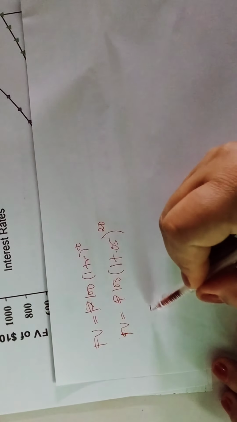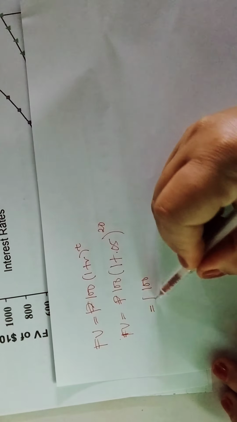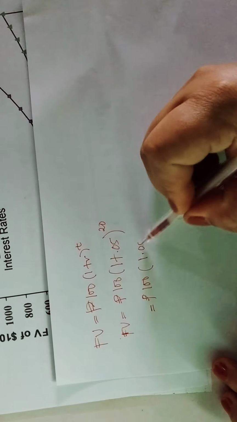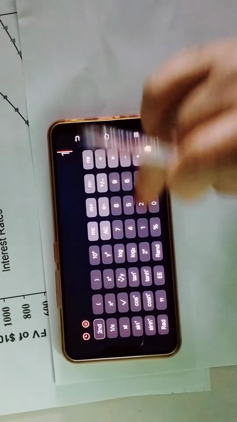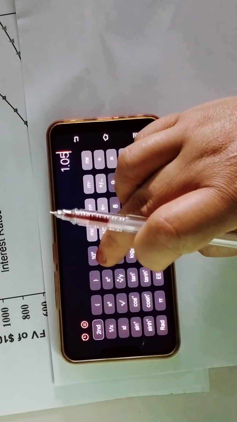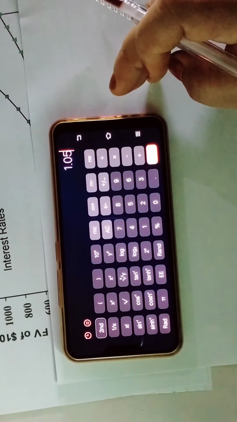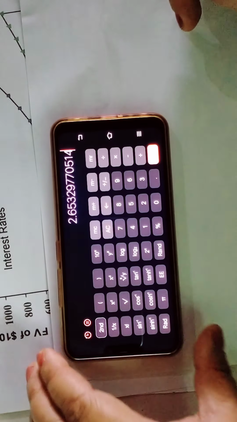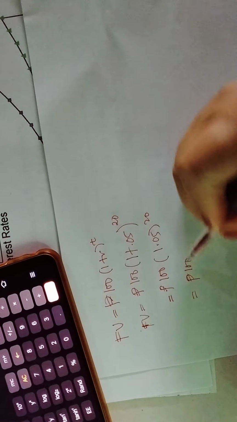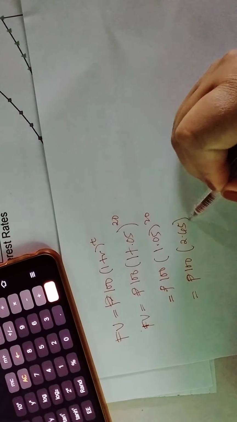Okay? So, is equal to 100 times 1.05 to the power of 20. You should have a calculator on your cellphone, Android. So, let's solve 1.05 to the power of 20 is equal to 2.65. So, is equal to 100 times 2.65.